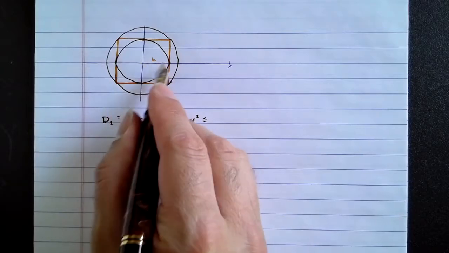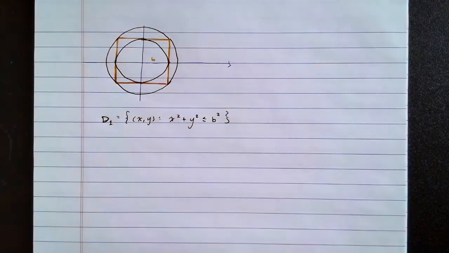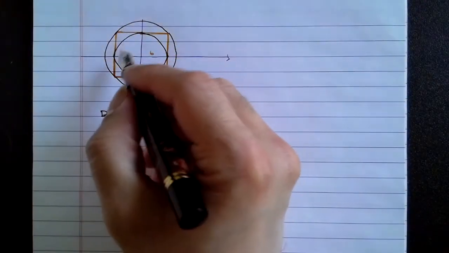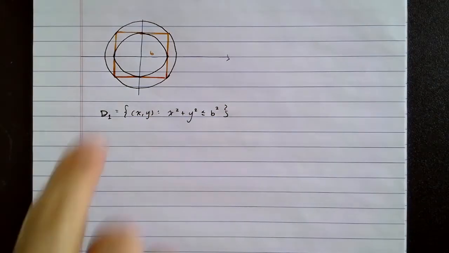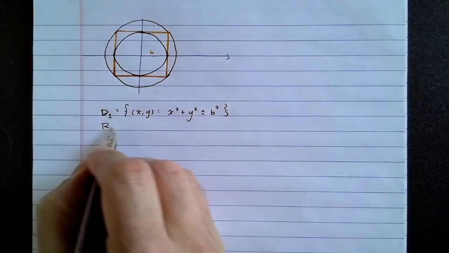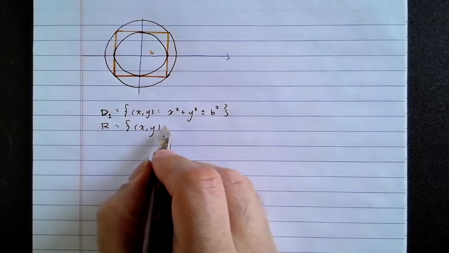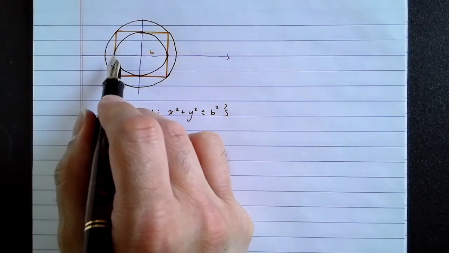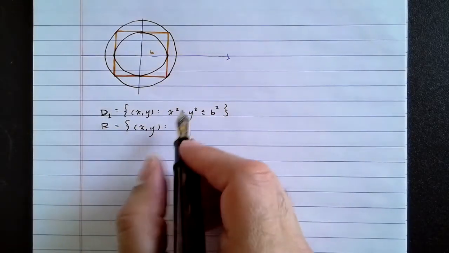Its radius is b. So that's the description, and that's everything inside of that circle, centered at the origin with radius b. Let's call the square R. You'll see that the square region is all x values between negative b and b, and all y values between negative b and positive b.